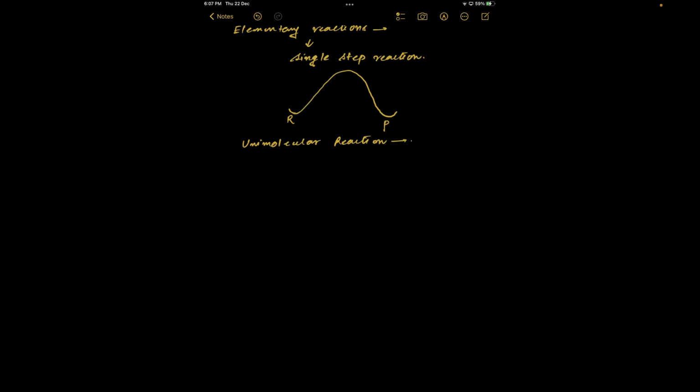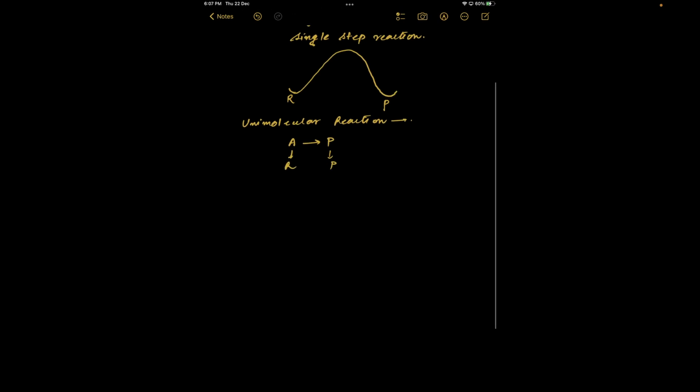Let's say A to P. So this is unimolecular. Now in the balanced equation, let's say 2 moles of A react to form product B.